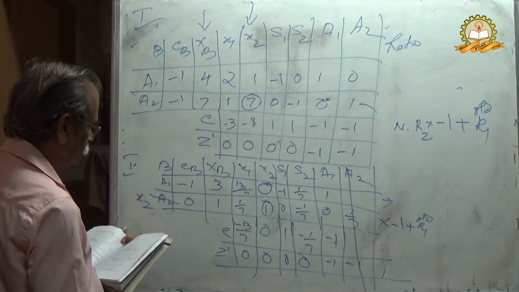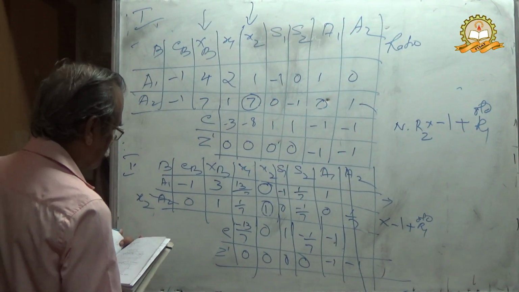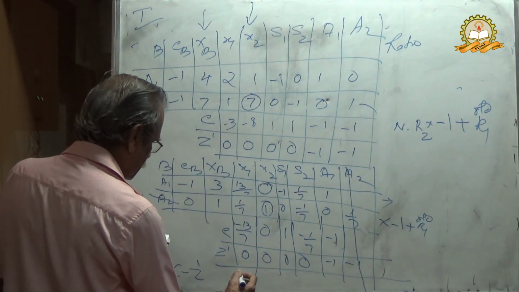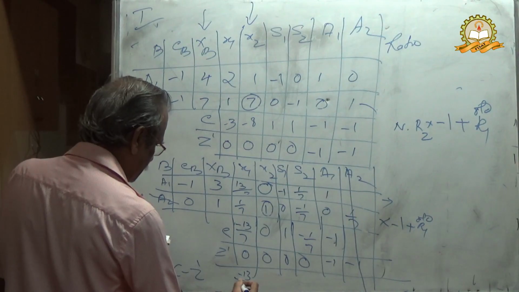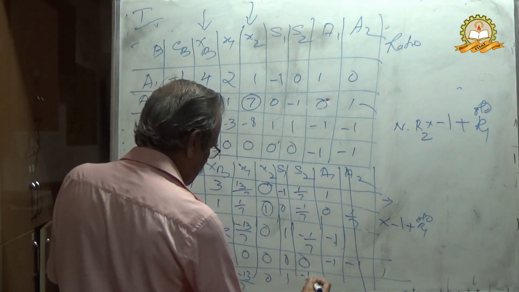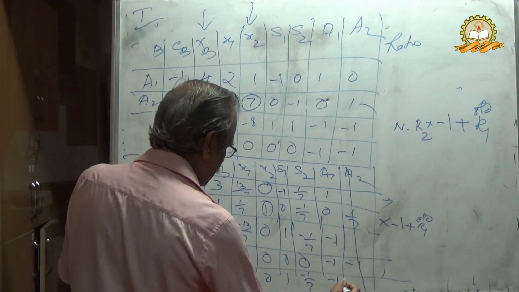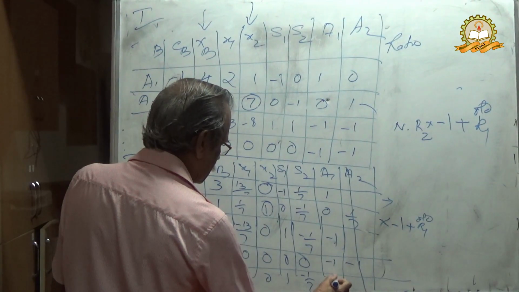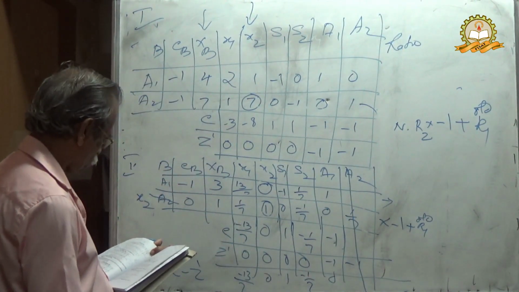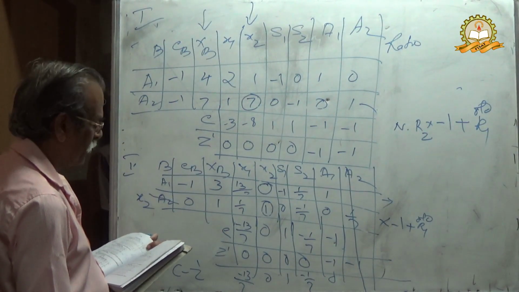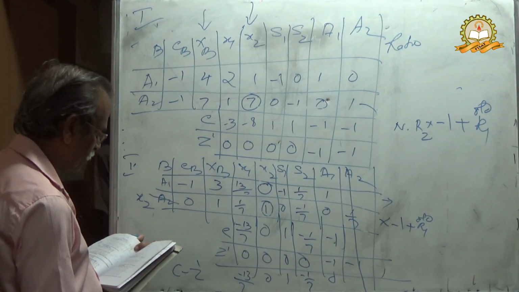Therefore, C minus Z dash is equal to negative 13 by 7, 0, 1, negative 1 by 7, negative 1, minus of that. Therefore, this becomes 0, A2 cancels away.